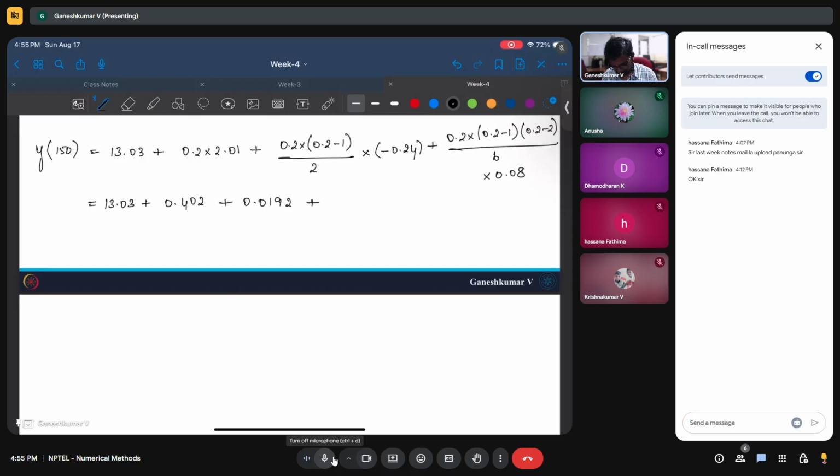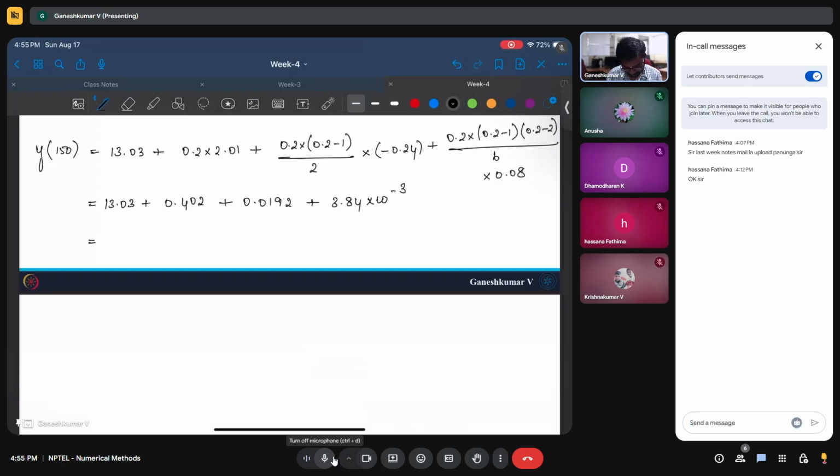Just taking some time. Minus 0.8 into minus 1.8 divided by 6 into 0.08. This is 3.84 to the power minus 3.